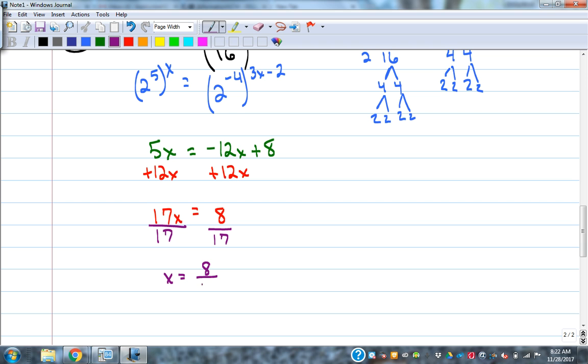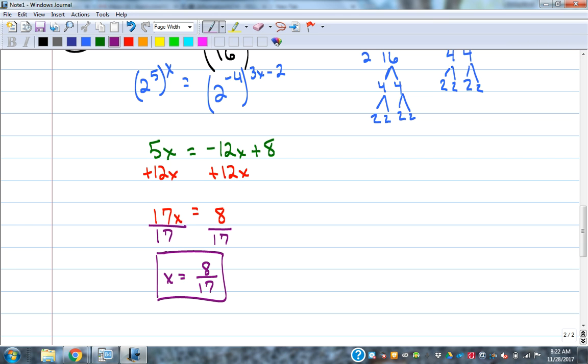Get this fraction answer, 8/17. Once you get the Algebra 2 stuff out of the way, usually it's a pretty easy Algebra 1 problem. But the Algebra 2 part is where we kind of get stuck.